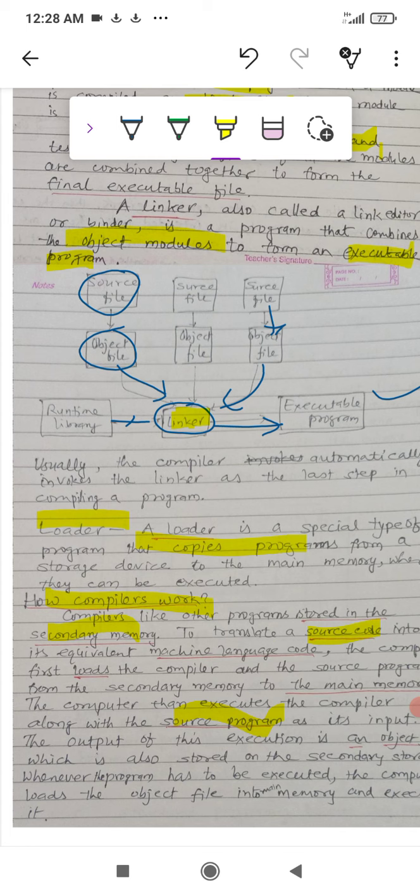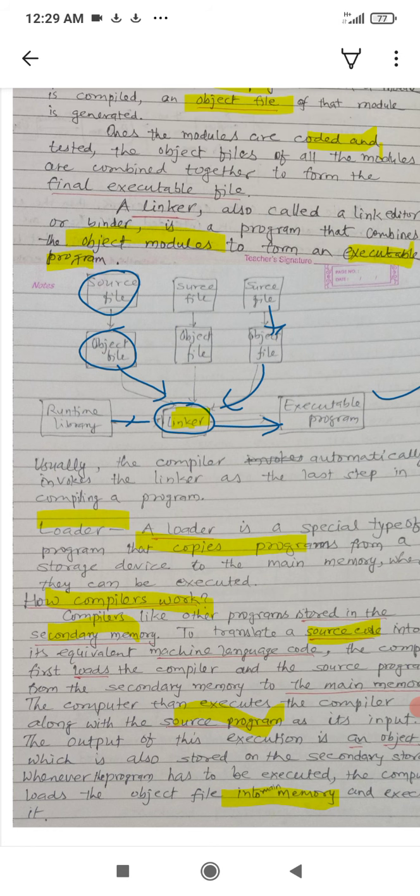Whenever the program has to be executed, the object file is loaded into main memory and executed. So this is how a compiler works.